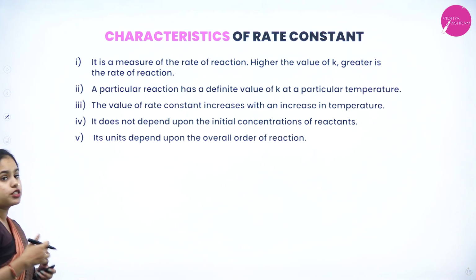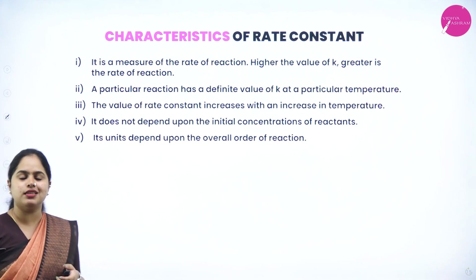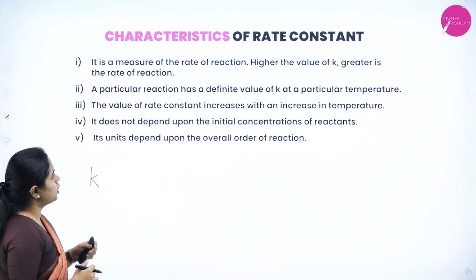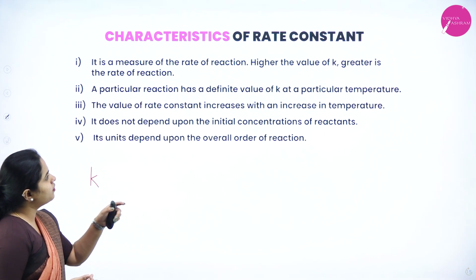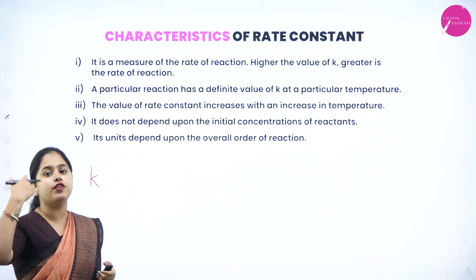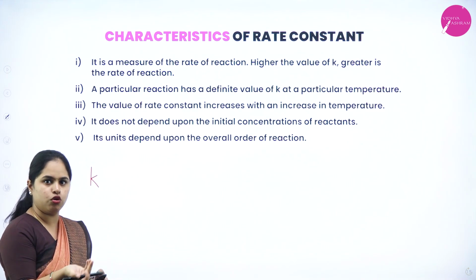Now the characteristics of rate constant. On what factors is the rate constant, that is k, depending? Let's see. It is a measure of rate of reaction. Higher the value of k, greater is the rate of reaction. When the value of rate constant is more, the rate of the reaction is also high.